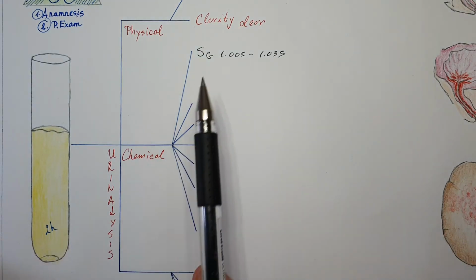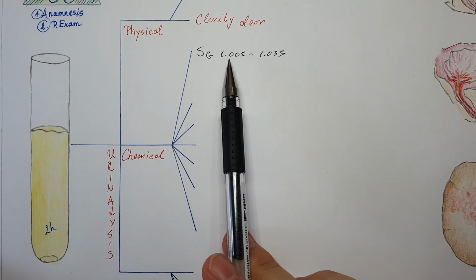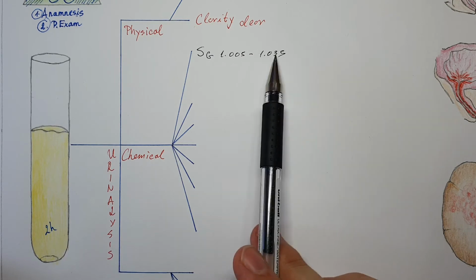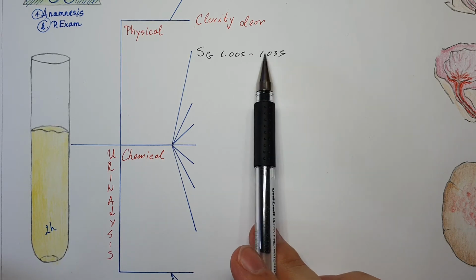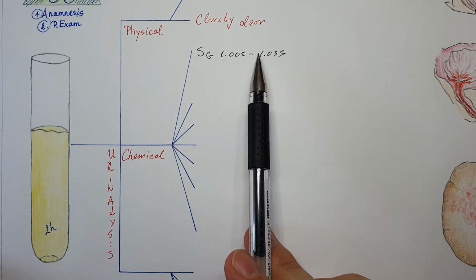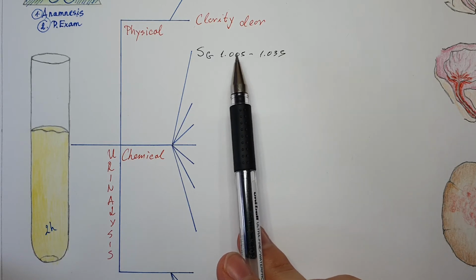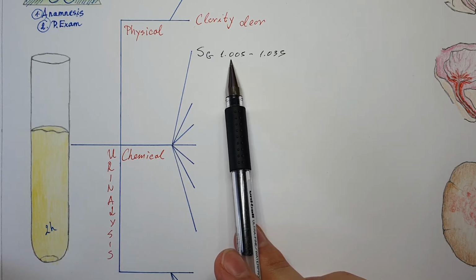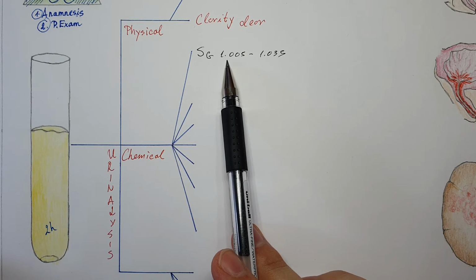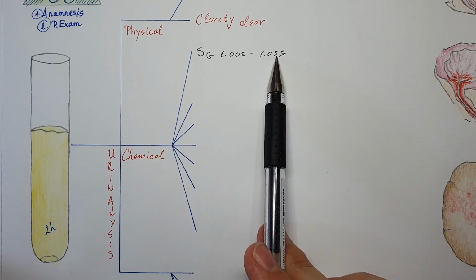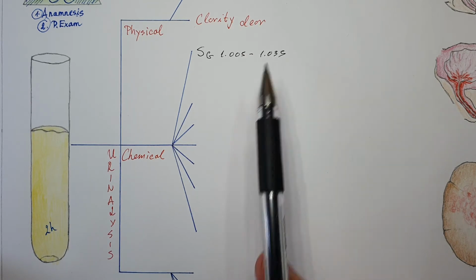So the normal possibilities of values are in between these two values of urine specific gravity. If it is going to the lower number, it means that the urine is diluting, and if it is going to this number, it is concentrating.